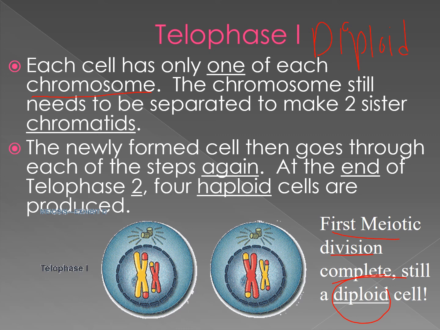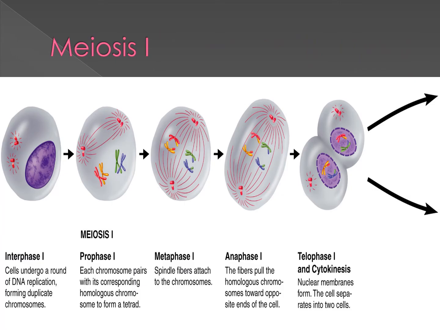So now we're getting ready to go over all the steps again, starting back at prophase. But at the end of telophase 2, we're going to have 4 cells, which are going to be called haploid. But right now, these are still diploid. So we started off as a cell, we have now a 2N, which is 2 cells, and now we're getting ready to break to 4.